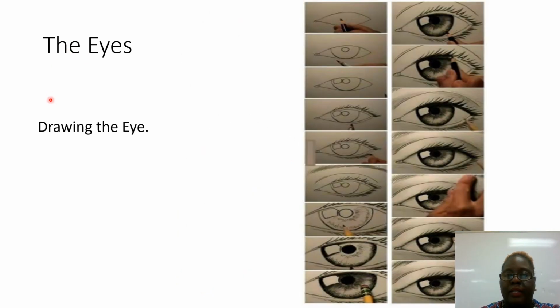Now, in this diagram, it shows the transitioning of sketching the eye to actually details and shading. And if you look very closely, you can also see a reflection in the eye.